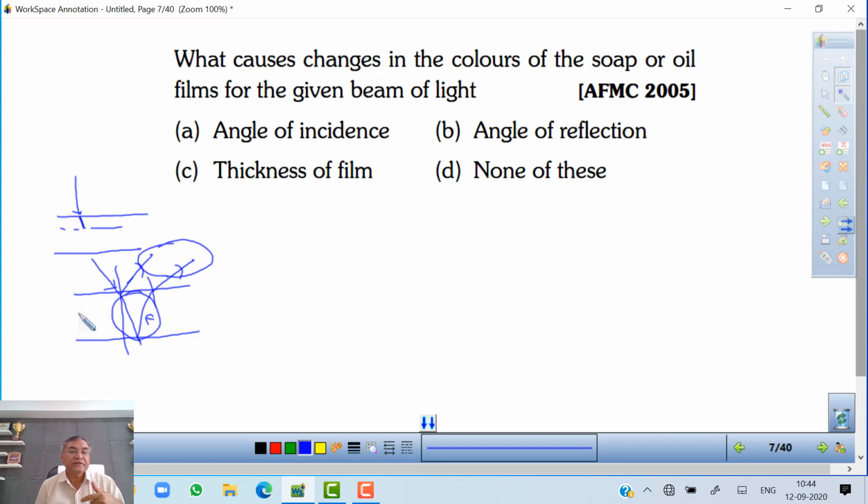And if this thickness is different, then path difference is different. If path difference is different, the condition for constructive and destructive interference is also changing. So it depends on the thickness. Okay.